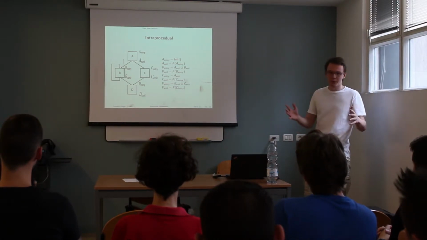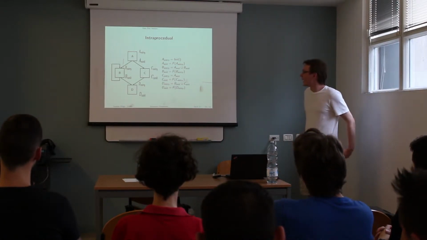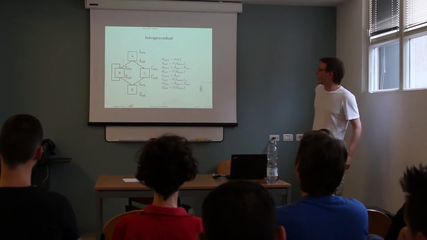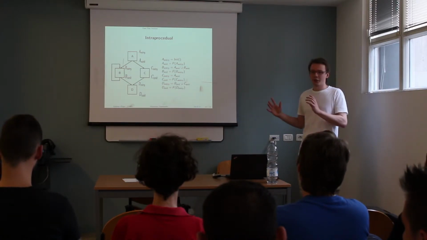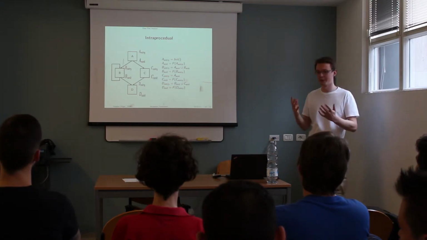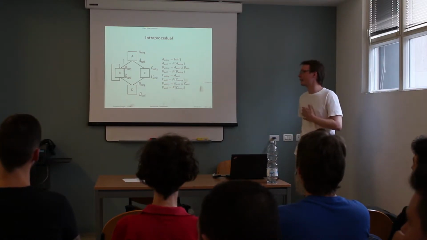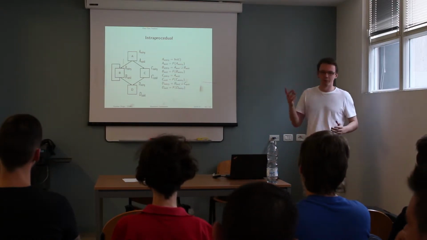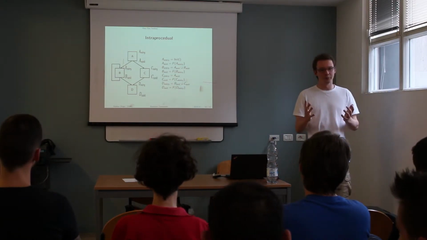And you follow the control flow through the edges, and you can see that B entry is actually the combination of the exit of both predecessors, because there's a loop from B. You have 2 predecessors.